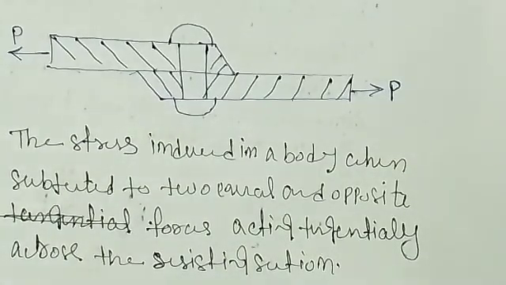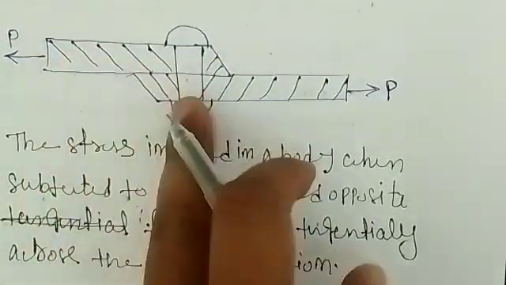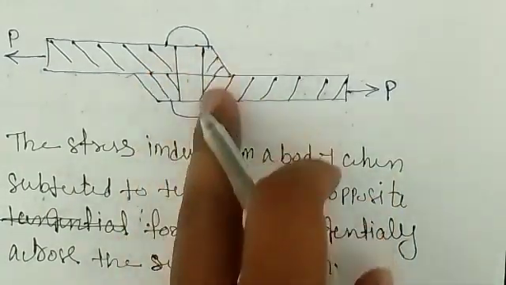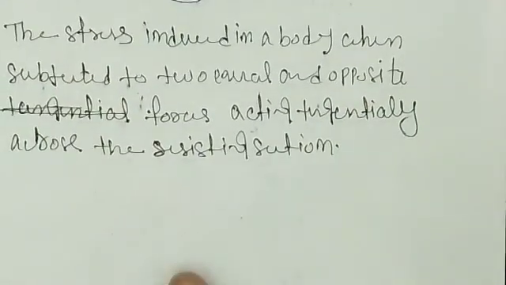As a result, the body tends to shear off across the resisting section. There is one resisting force here, and the stress is induced in this section, which we call the resisting shear stress.